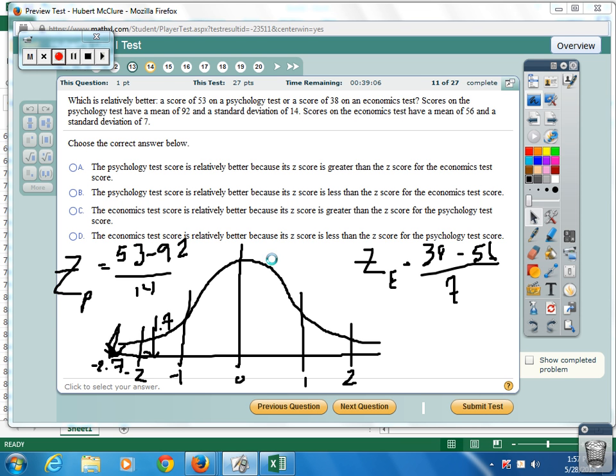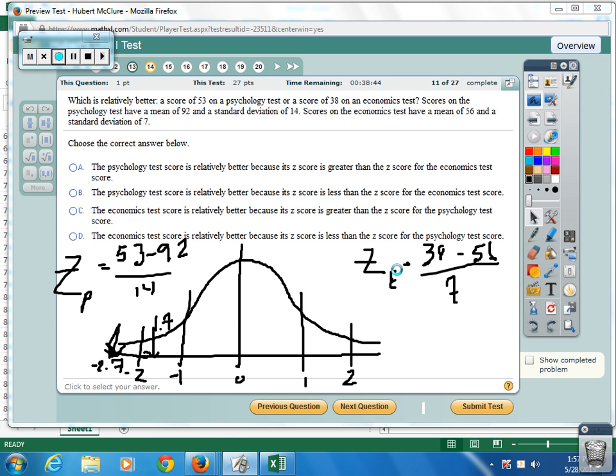Is that how it's always going to be? No, because what people get mixed up here is they think that 2.7 is greater than 1.7. It's not. Negative 1.7 is greater than negative 2.7.